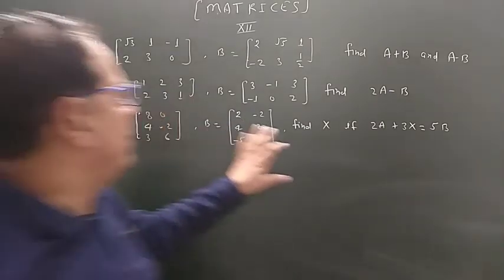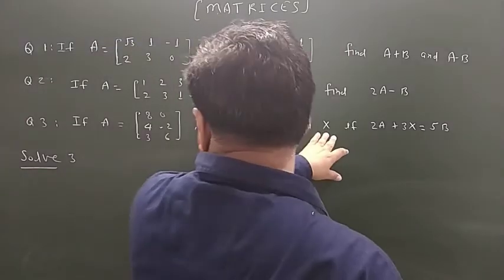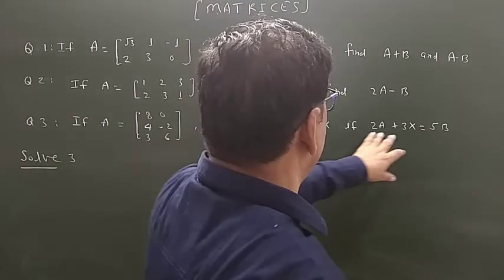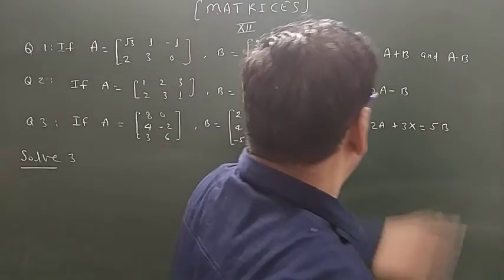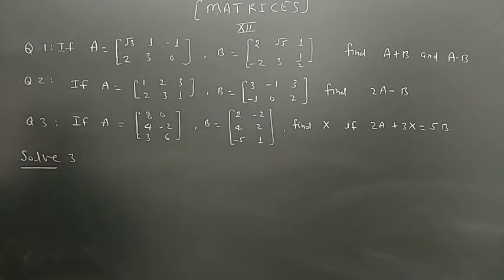Two matrices are given. We want to find the unknown matrix X satisfying the given equation 2A plus 3X equal to 5B.